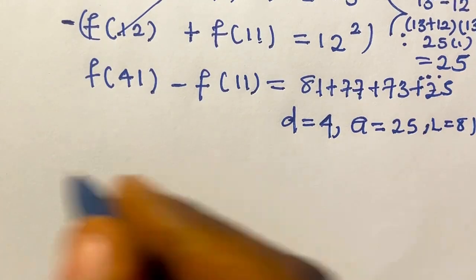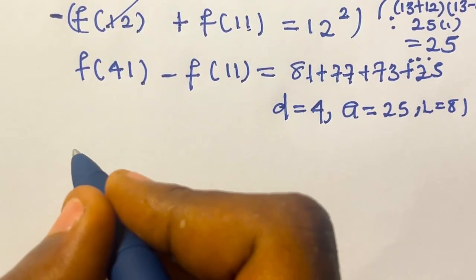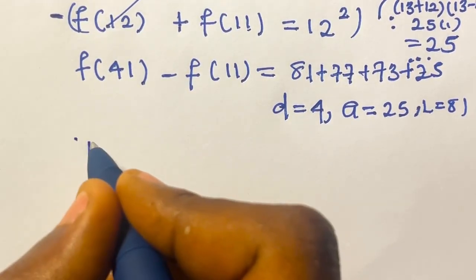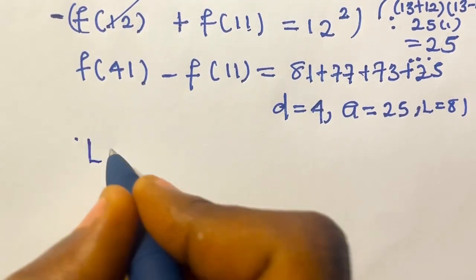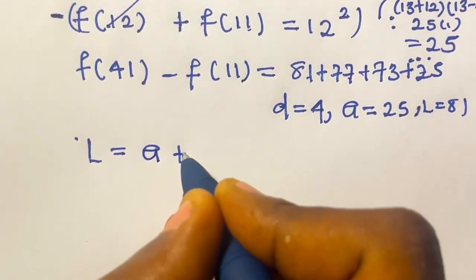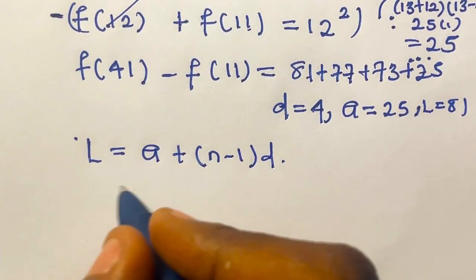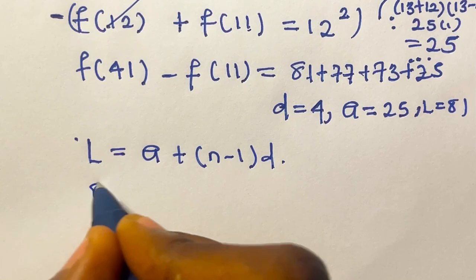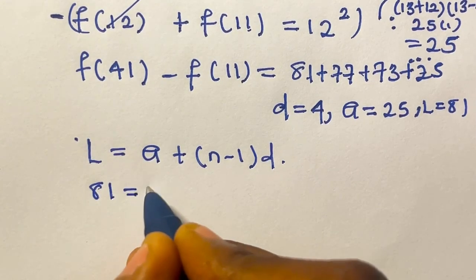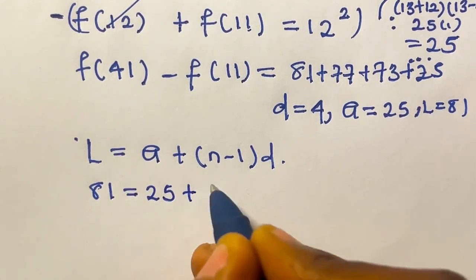So to know the number of terms, by applying last term equals a plus n minus 1 d from our series. So we have our last term is 81, our first term is 25, plus our n.